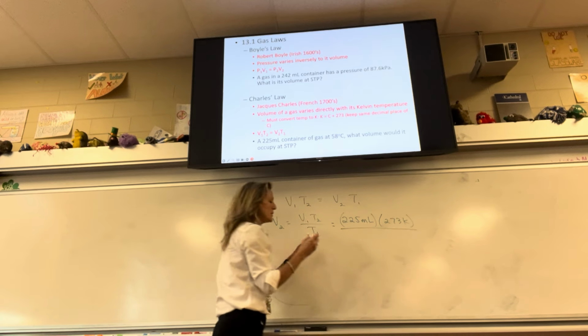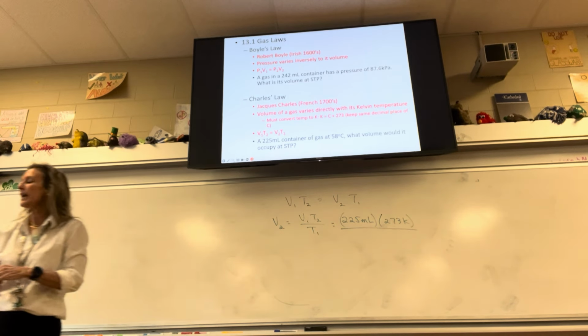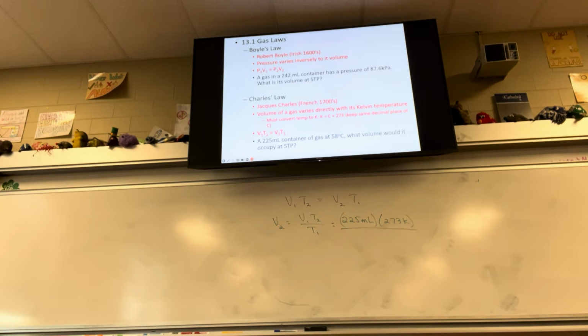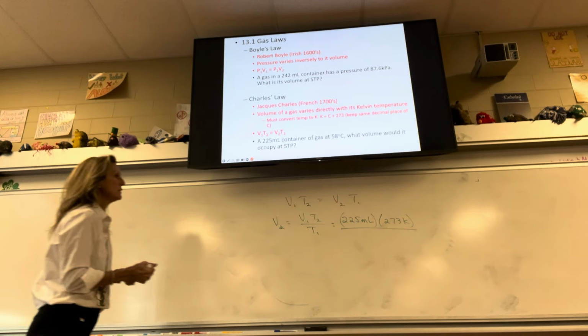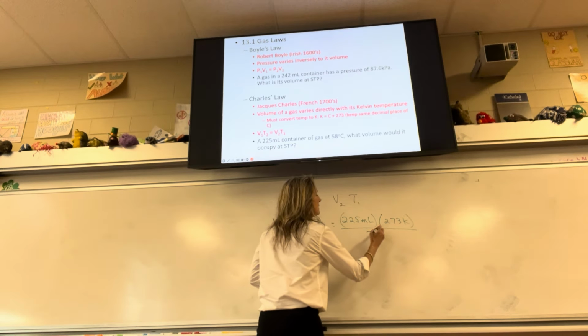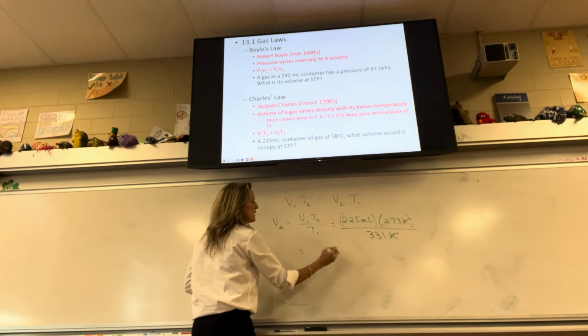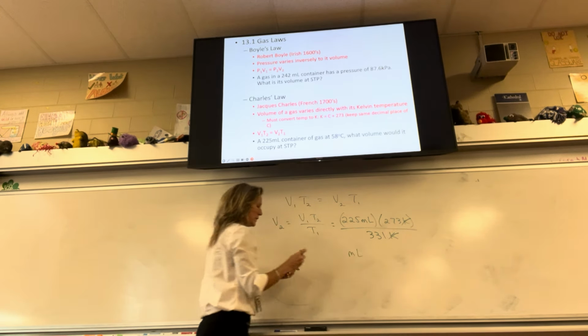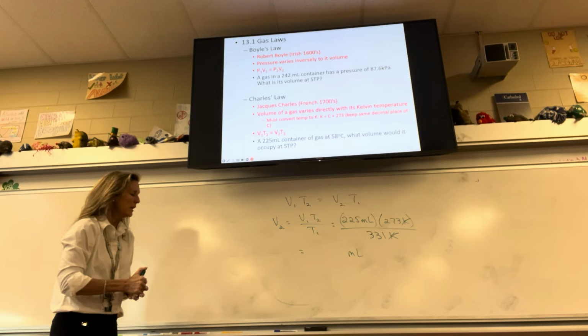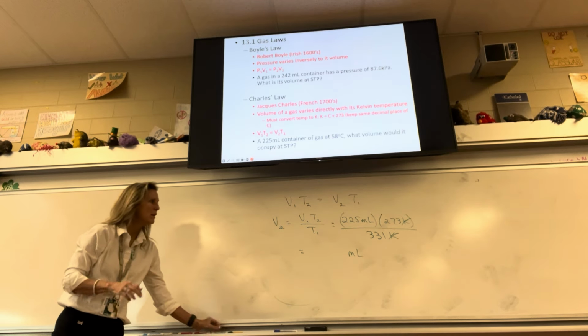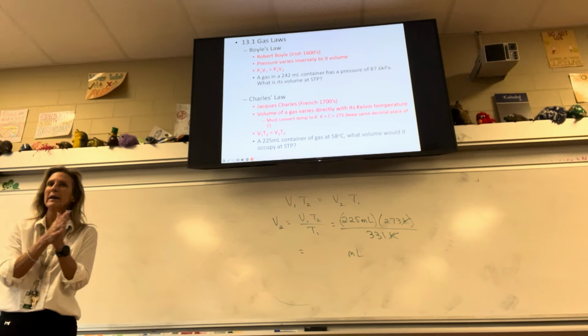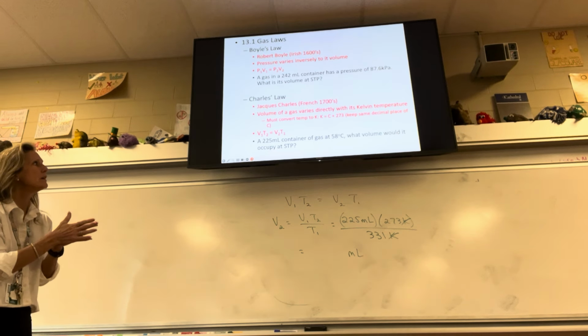And then for T1, that's 58 degrees Celsius. So we need to convert that to Kelvin by adding 273, which is 331. And then our Kelvins will cancel, and that's going to give us milliliters. And again, before we solve the problem, we can get an idea of what's going to happen.